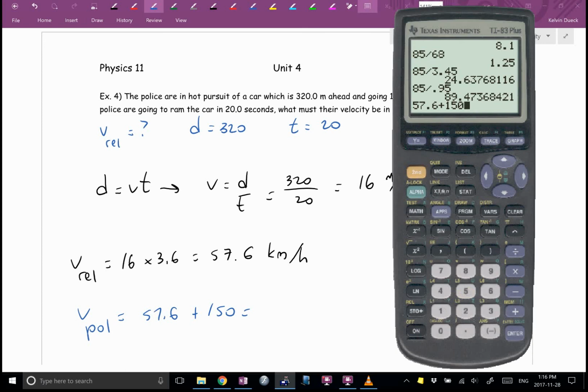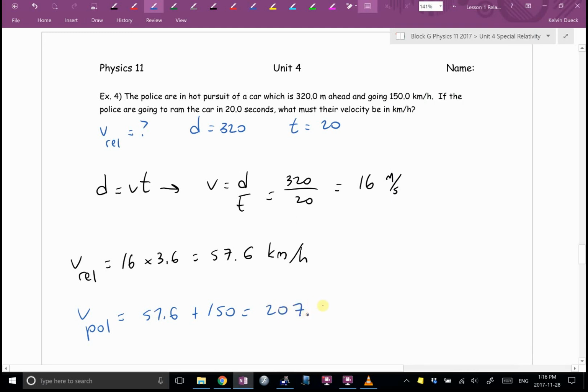Oh, I can do that in my head. It's 207.6. I should have done that in my head. And that's kilometers per hour. Any slower, they won't catch them in 20 seconds. Any faster, they'll catch up to them sooner. Fair enough, but they've got to be going at least that fast.